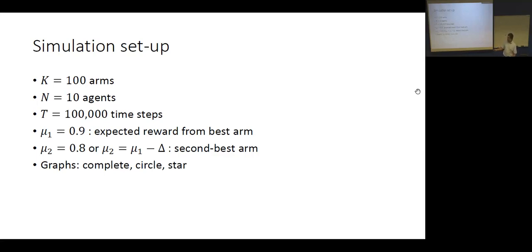So we look at how the regret accumulates over time. Also, we look at what happens if you fix the final time horizon to be 100,000 and keep changing the arm gap, and how the regret scales. And we also did some simulations on a few different graphs.